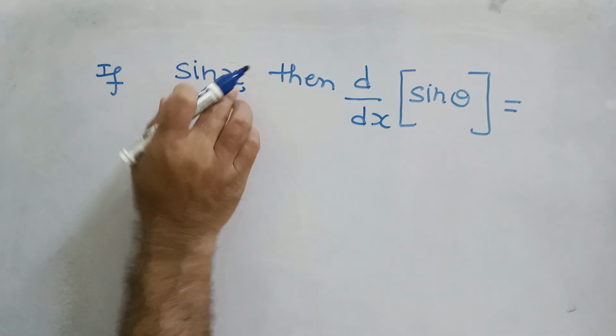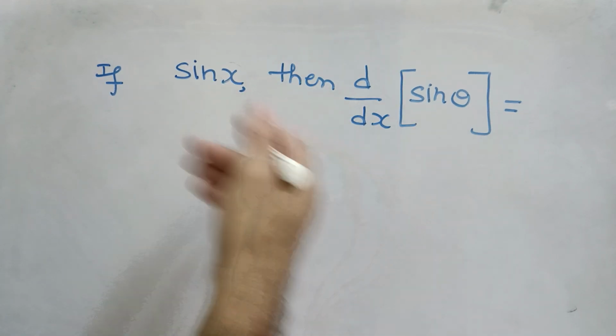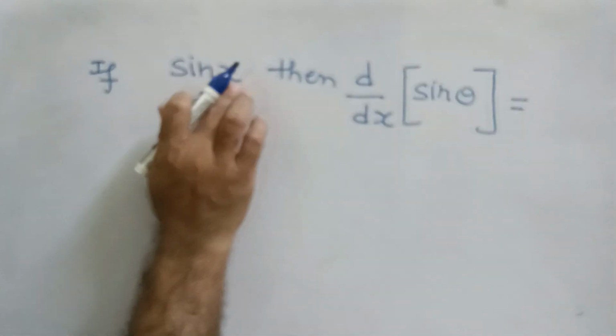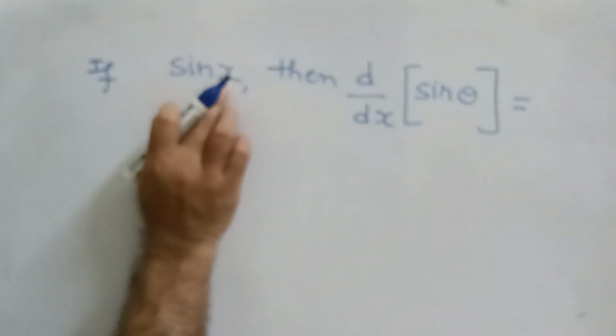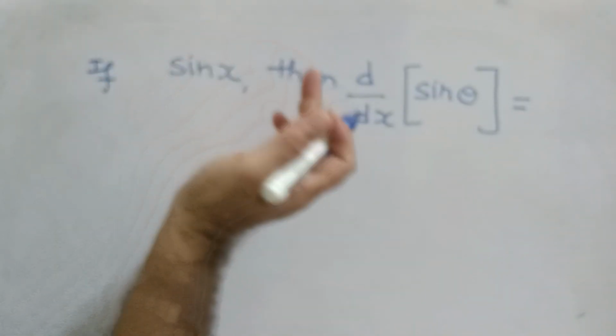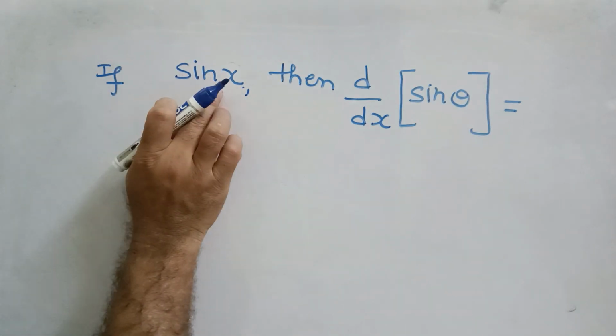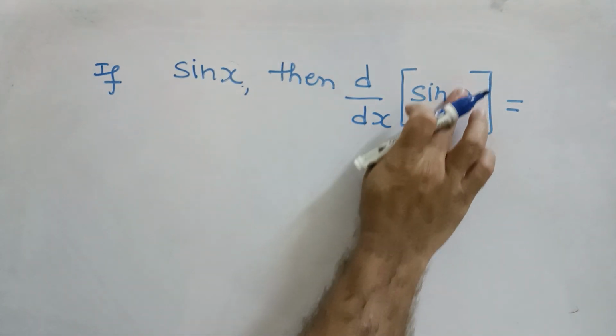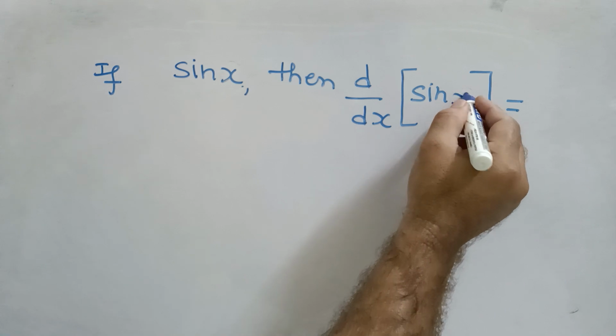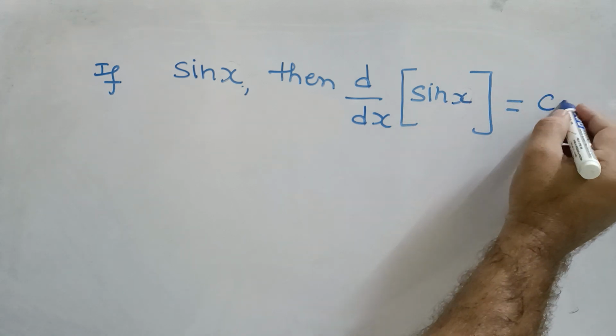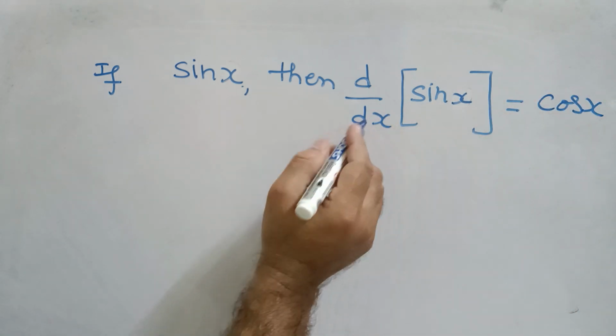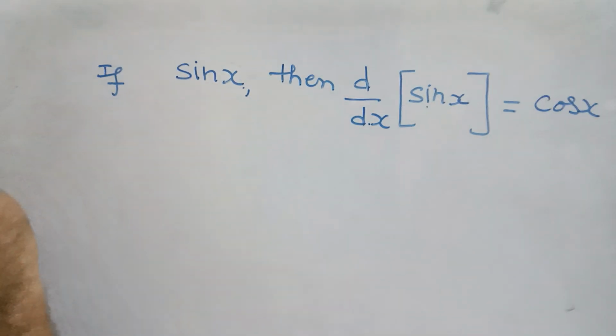Here x or theta shows the angle, nothing to worry about. X is the angle actually. If sin x is given, then d by dx of sin x, the derivative of sin x, is equal to cos x. That is the formula.